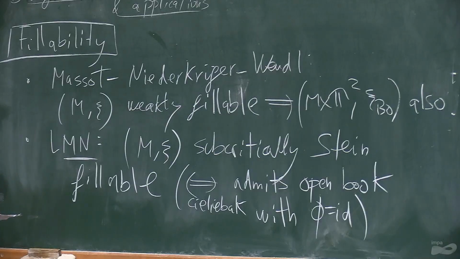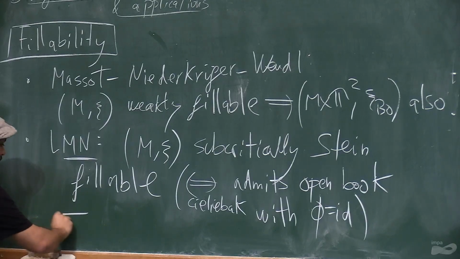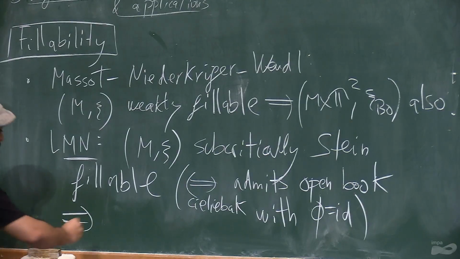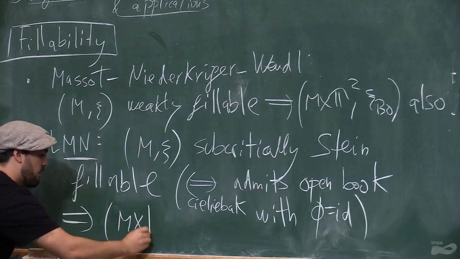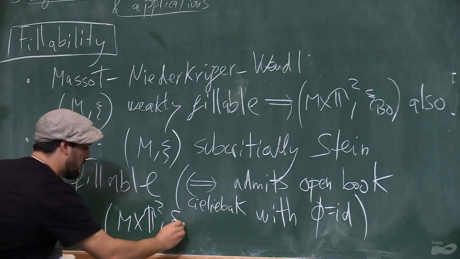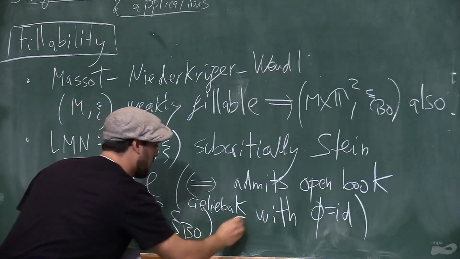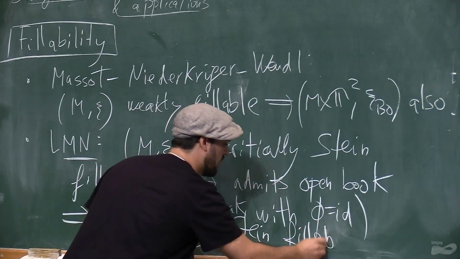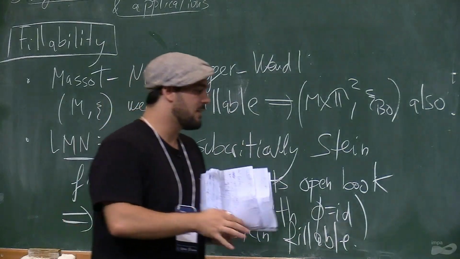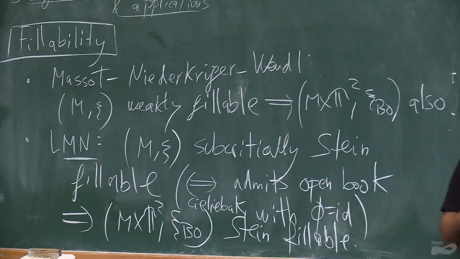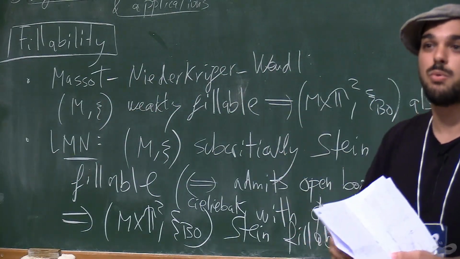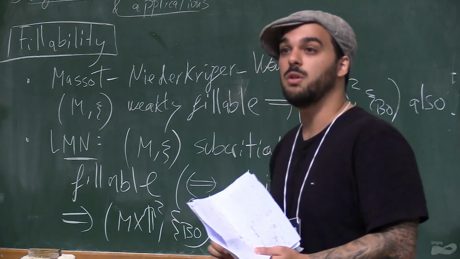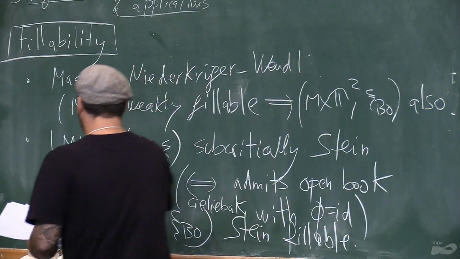Then, if you start with such a contact manifold, the Bourgeois manifold is actually Stein fillable. So Stein fillability is not really a property that stabilizes; it requires some pretty strong restrictions on the original contact manifold.